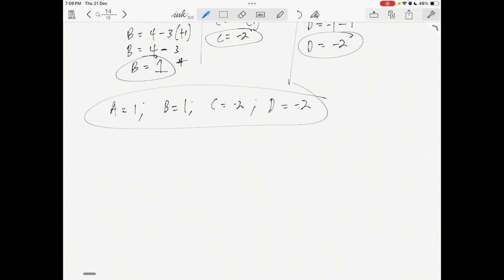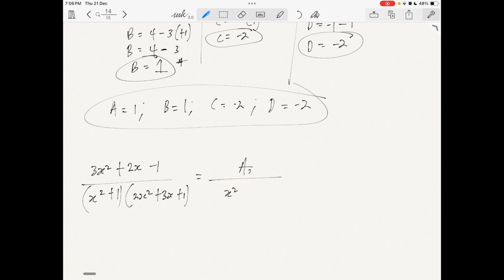I'll write it here, so it should be very easy. So the question is 3x squared plus 2x minus 1 divided by x squared plus 1, 2x squared plus 3x plus 1 is equal to ax plus b over x squared plus 1 plus cx plus d over 2x squared plus 3x plus 1.